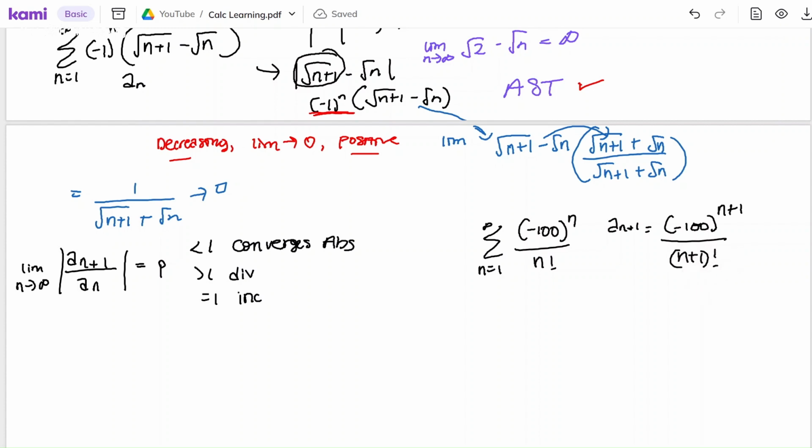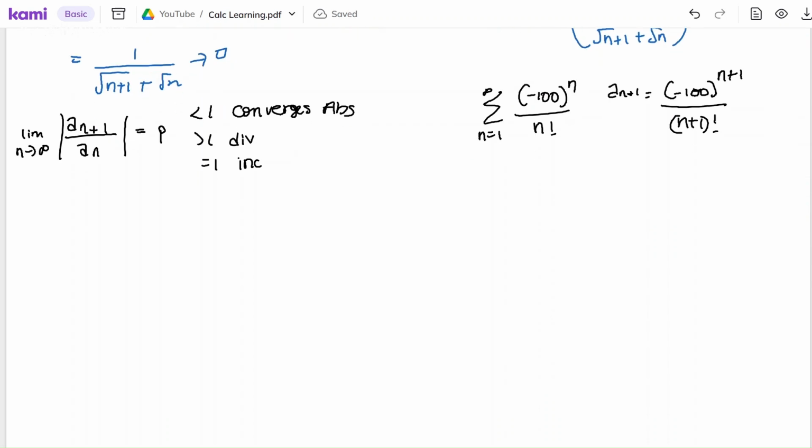And this is a to the n over 1. I'm going to come down here and continue. So you just put whatever you got: negative 100 to the n plus 1 over n plus 1, all over the original function, negative 100 to the n over n factorial.